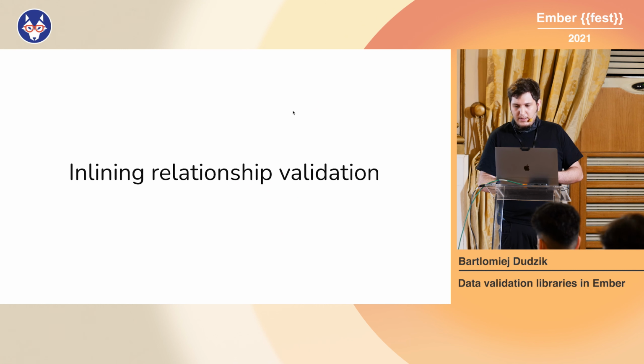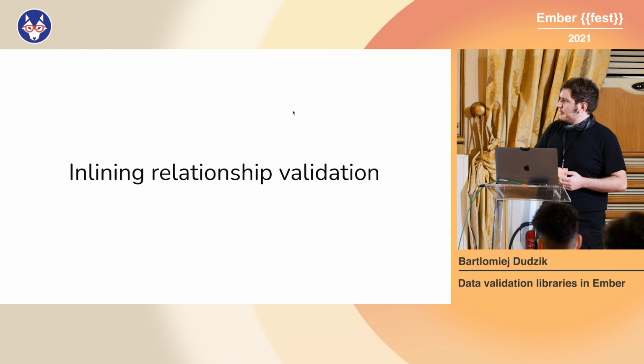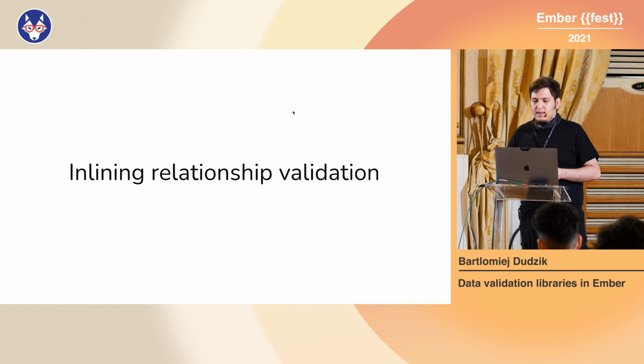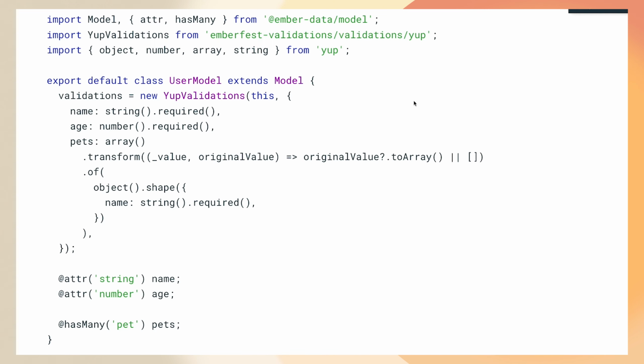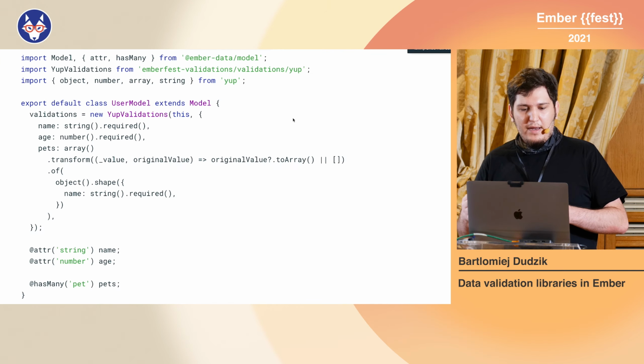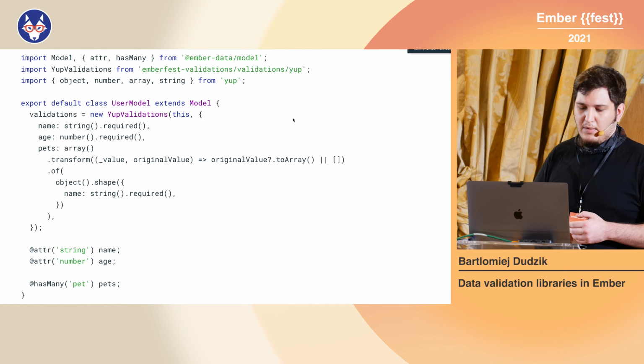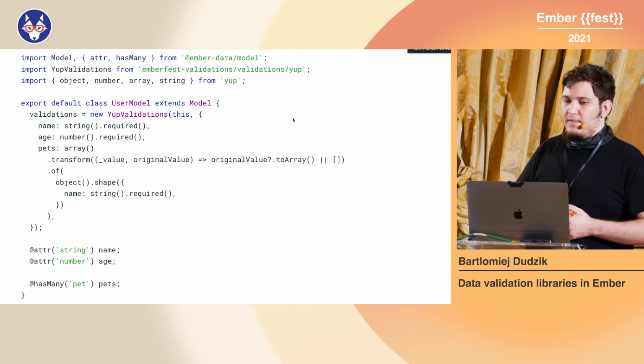Another nice thing about Yup that might come in handy is that we could also do inline relationship validation. The advantage of that would be that if you have a different schema in different places, then it will be a bit harder for you to get the error messages together. But with something like that, all of them will be coming from one schema, so we will have all of them.